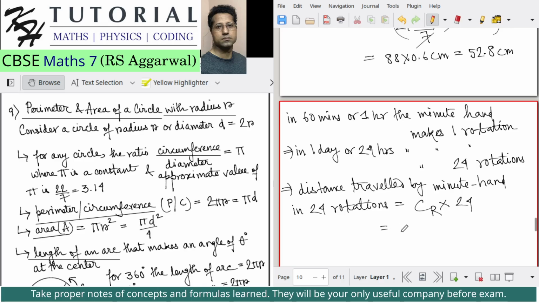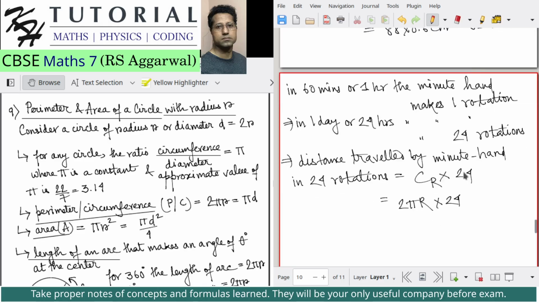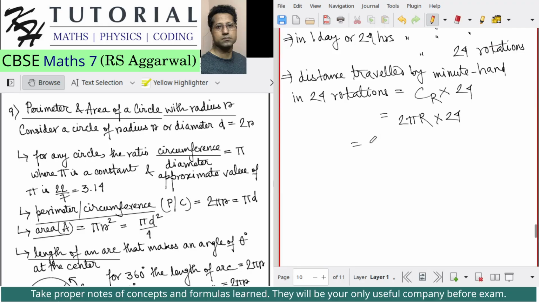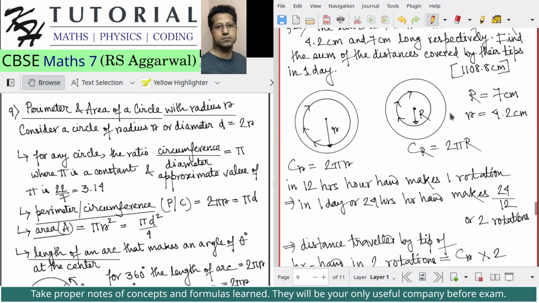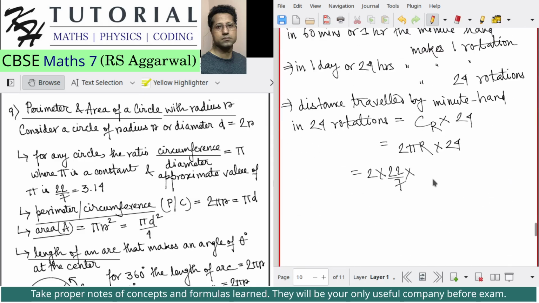So this is equal to 2 pi capital R multiplied by 24, this much centimeter. This is equal to 2 multiplied by 22 by 7, capital R was 7 centimeter, 7 multiplied by 24, this much centimeter.